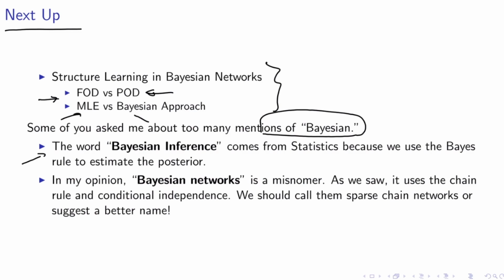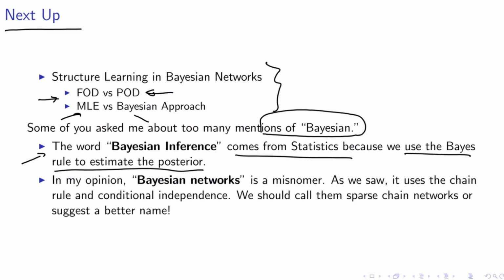The word Bayesian inference, which is the main approach behind Bayesian learning, comes from statistics. The reason it's called Bayesian inference is that we use the Bayes rule to estimate the posterior by taking a product of the prior and the likelihood.